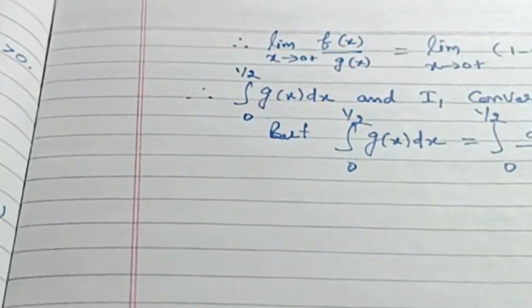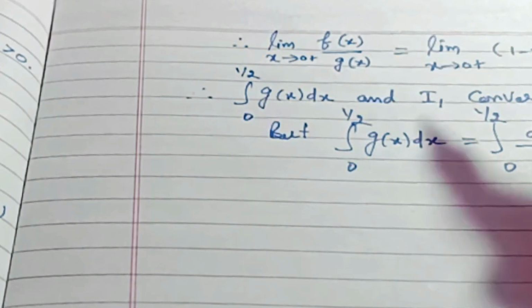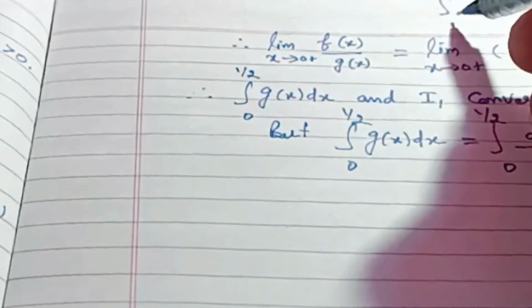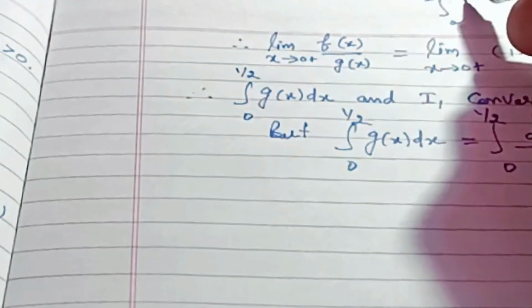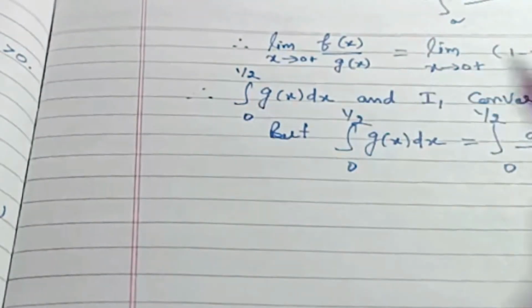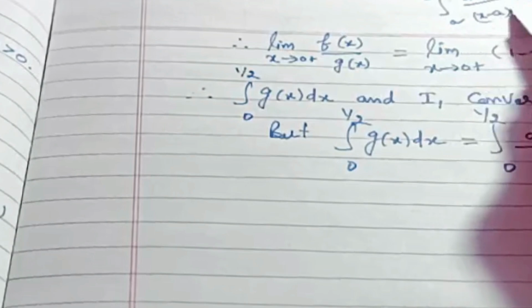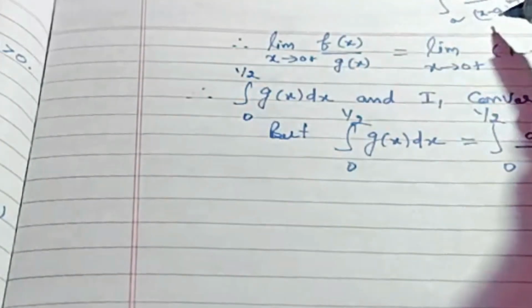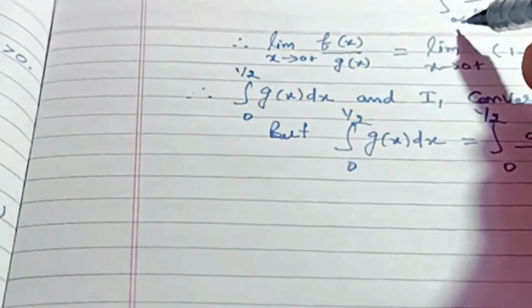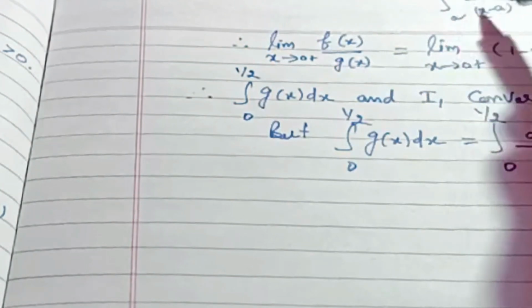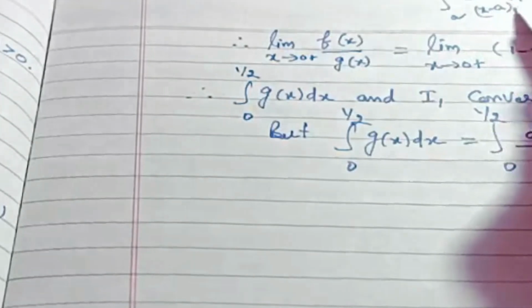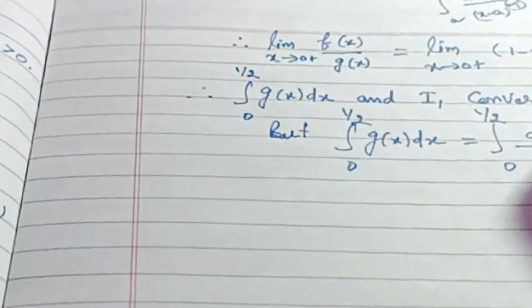Yesterday I uploaded a video regarding this important comparison integral. In that video I told you that if we have the integral a to b of dx upon (x minus a) to the power m, and a is the point of infinite discontinuity, meaning the lower limit, then this integral is convergent if m is less than 1.